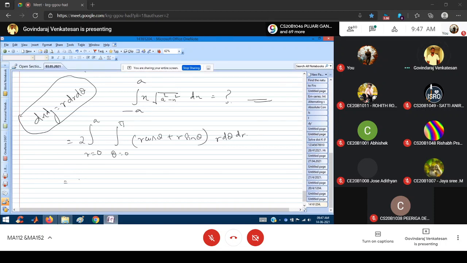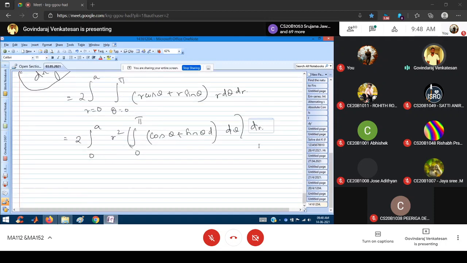So 2 times the integral over 0 to a, r comes outside, 0 to pi, r into r is r square, cos theta plus sin theta, everything into d theta, everything into dr.